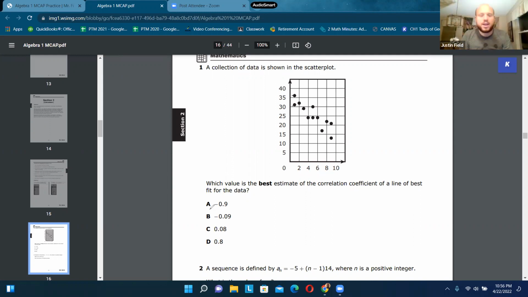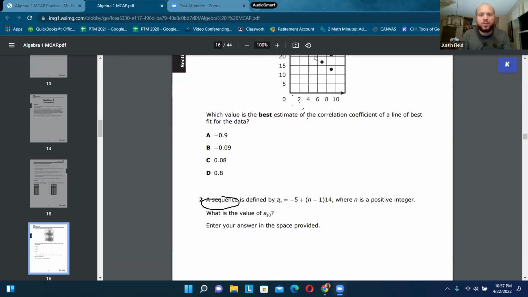So it's negative 0.88, which would round to 0.9, right? That's closer to 0.9 than 0.8, even though it has 2 8s. So it's just some calculator work, and that's how you do that.